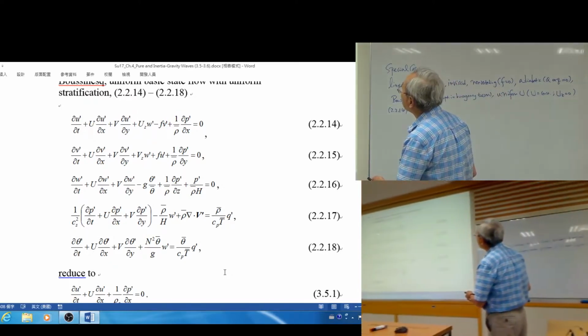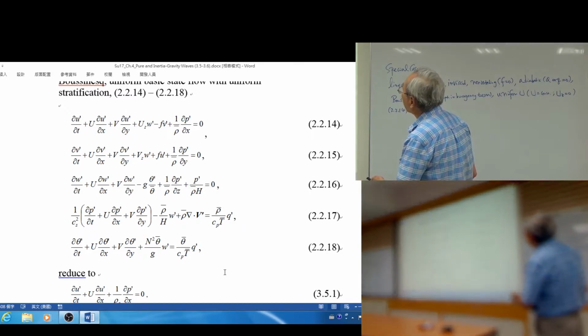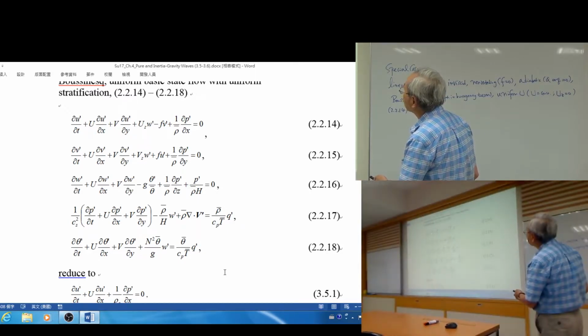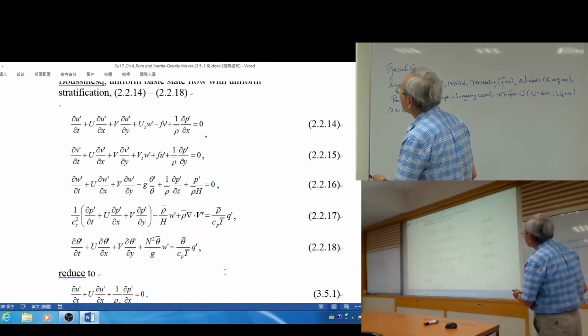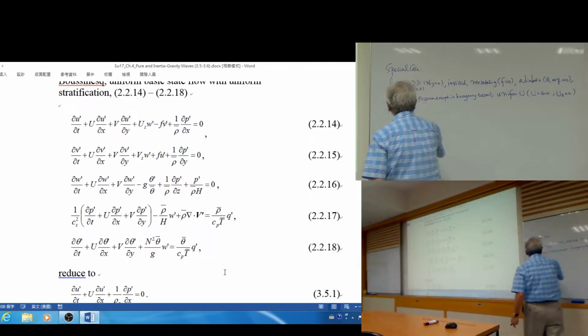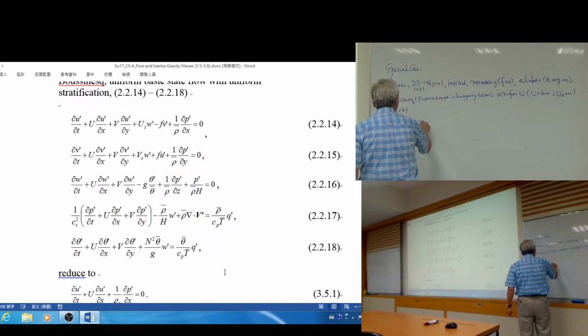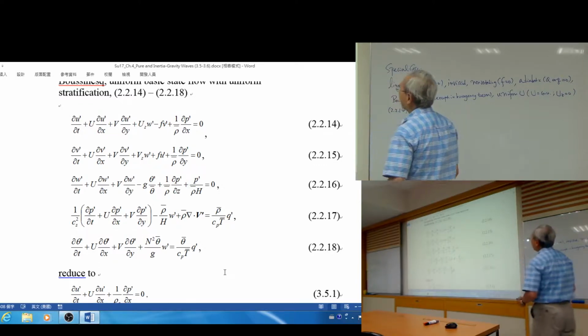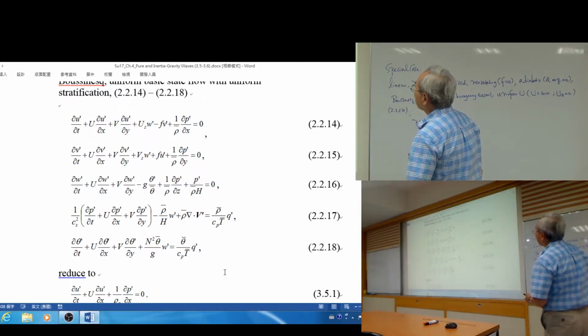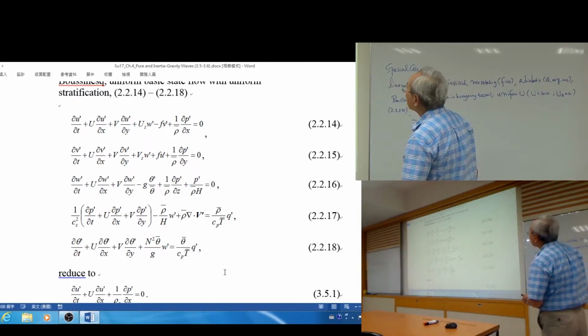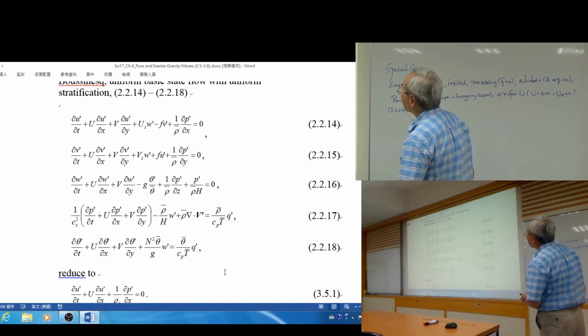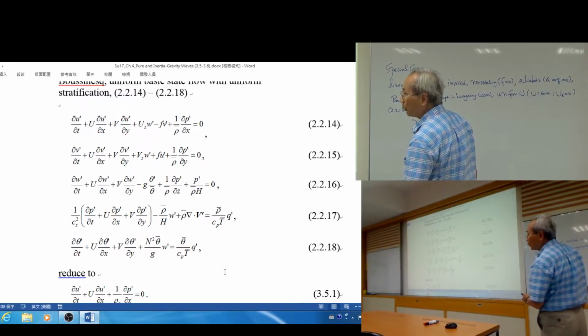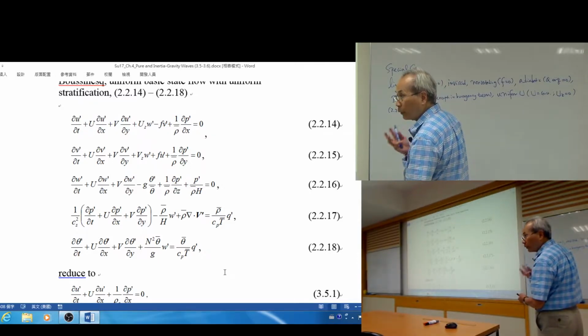So here we have this term, and because it's 2D, this term is gone. So partial U prime, partial t, plus U, partial U prime, partial x. And then this term is gone, because there is no vertical wind shear of the horizontal wind, that we call uniform wind.